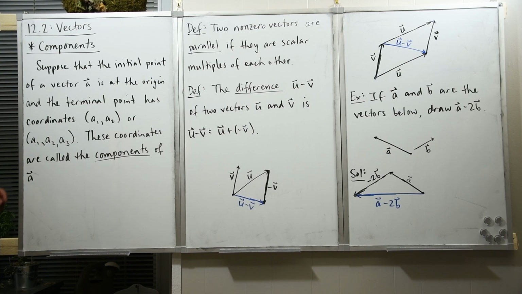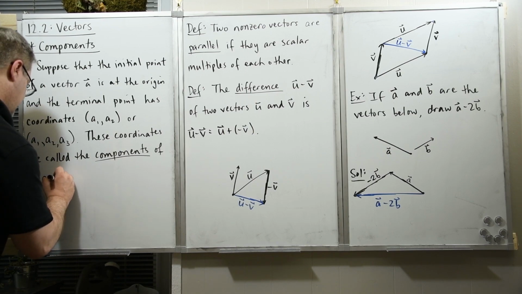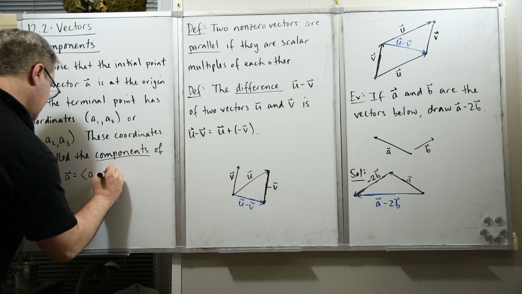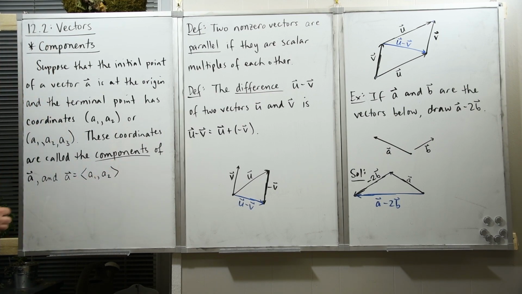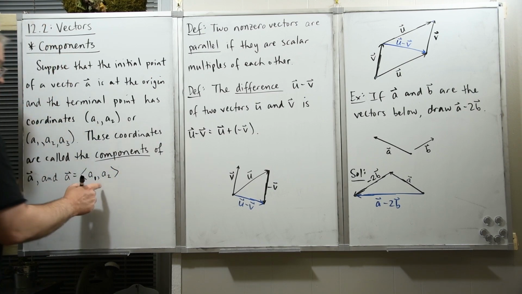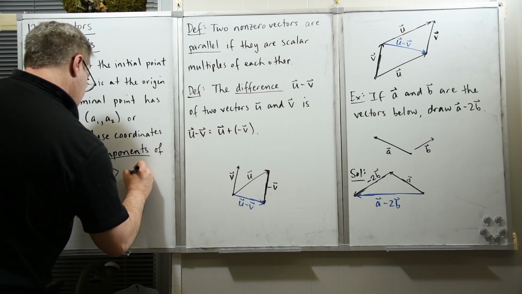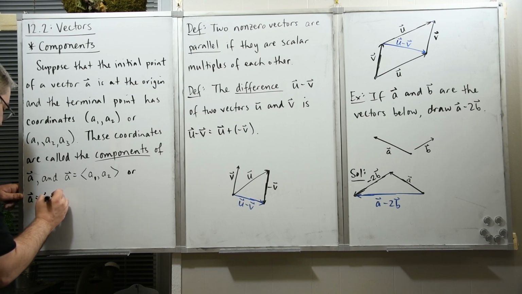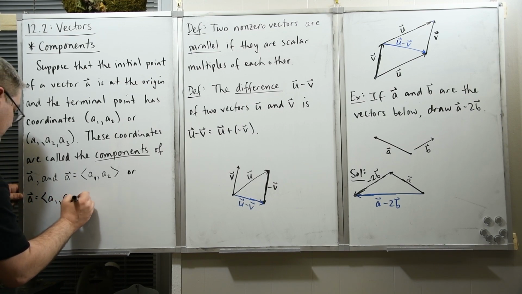And in the first case, we would write A with this sort of notation. We'll have the A1 and the A2. Or in the second case, we'll have three components.